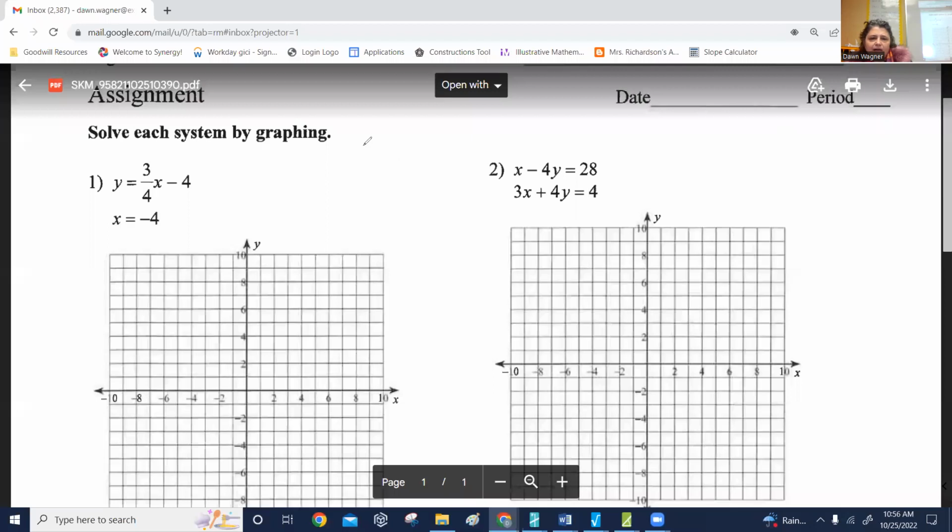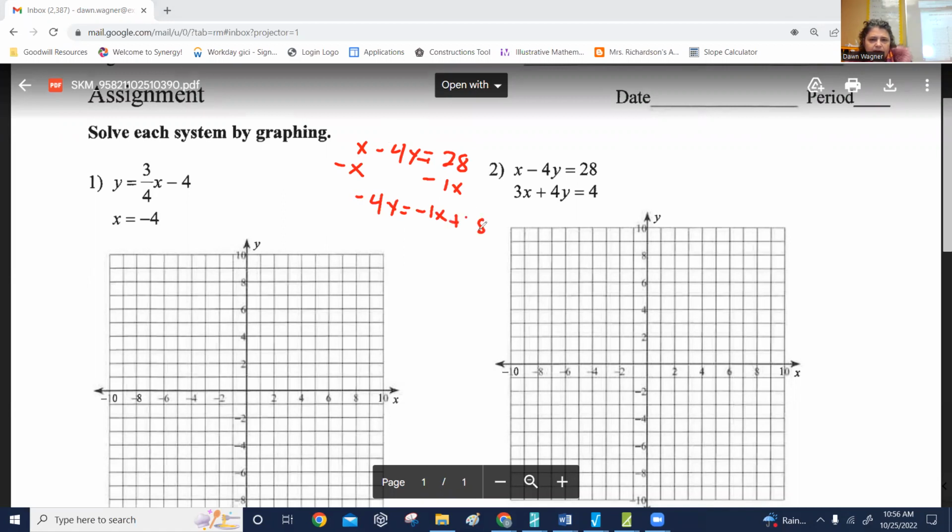So when we solved, we get x minus 4y is equal to 28. We subtract x, or 1x, and you get negative 4y is equal to negative 1x plus 28.